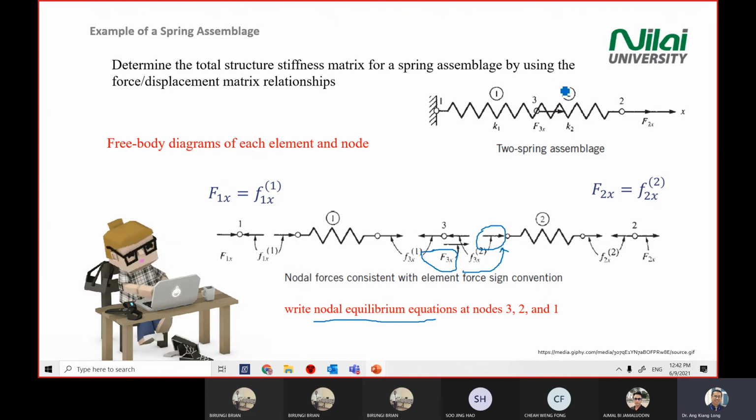If you imagine you are element 2, and there's an external force pressing on point number 2, you feel that there's a compression force acting on point number 3. So you just follow the direction of these external forces, and then you complete the diagram accordingly.